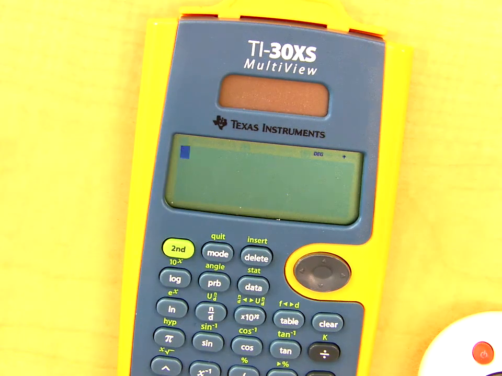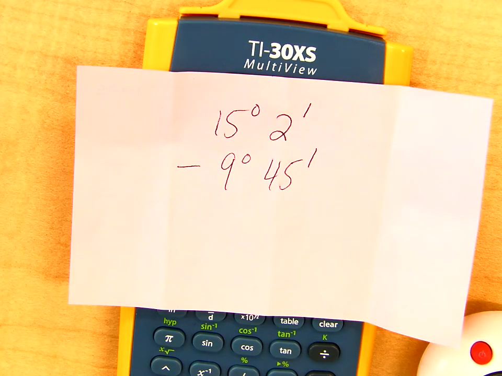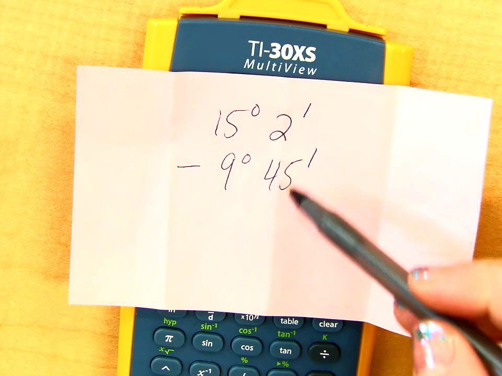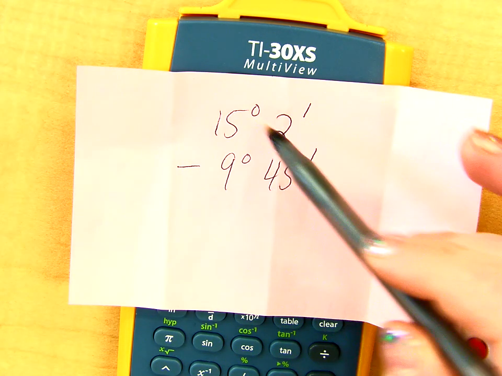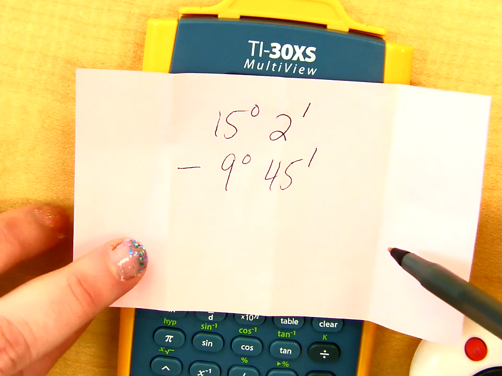Say we wanted to do 15 degrees 2 minutes, and we wanted to subtract from that 9 degrees 45 minutes. Something like that. So remember how annoying that was. I didn't have enough here, so I'd have to borrow, and I'd have to change this, and it was a whole thing. Now, Mr. Calculator will do it for me.